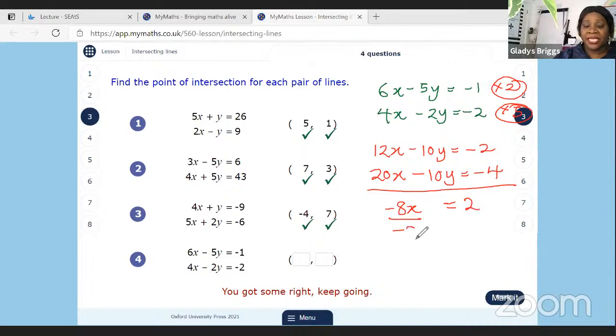Divide both sides by -8. What do we get? X is equal to negative what?